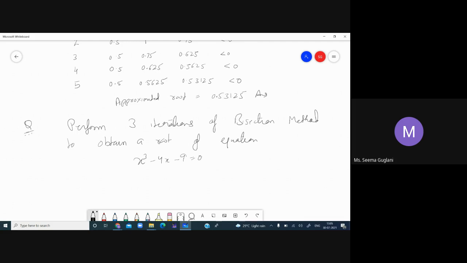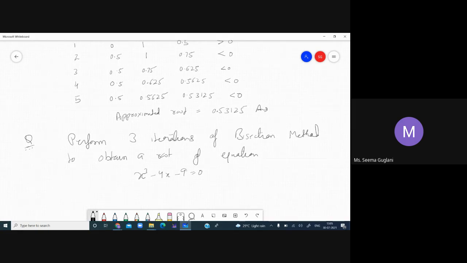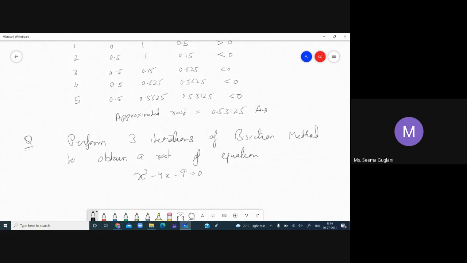Just do this question. I am not giving you the interval either. You have to first find the interval, then apply the bisection method to find the answer. You have to go up to 3 iterations, clear?